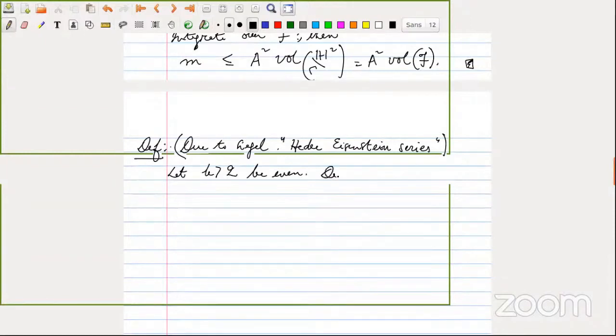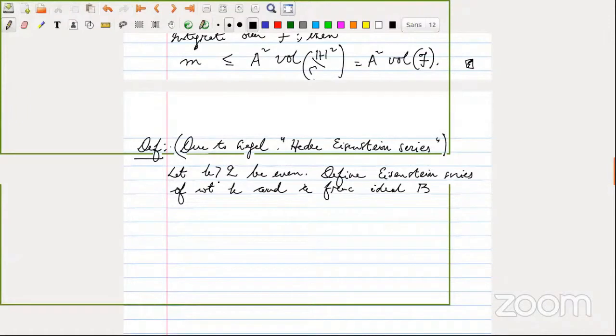Then you define the Eisenstein series of weight k, associated to a fractional ideal B inside K, by G_k,B(z).